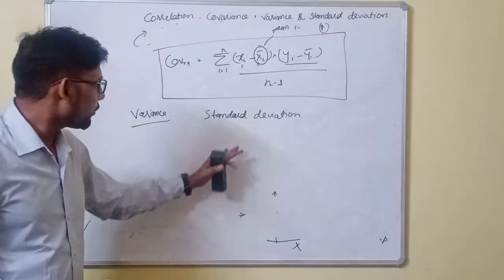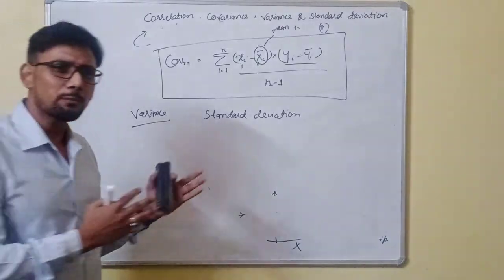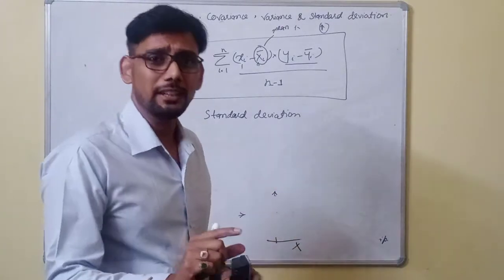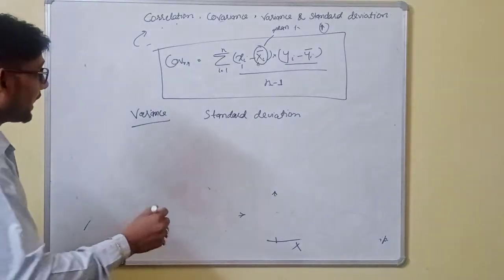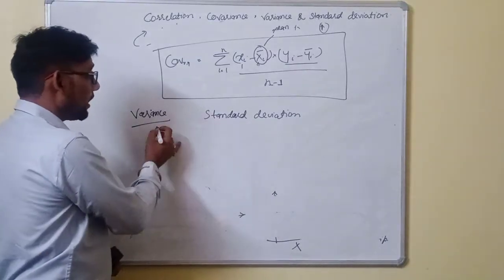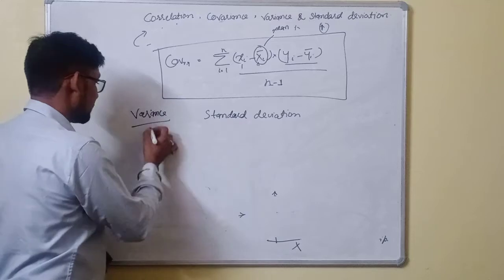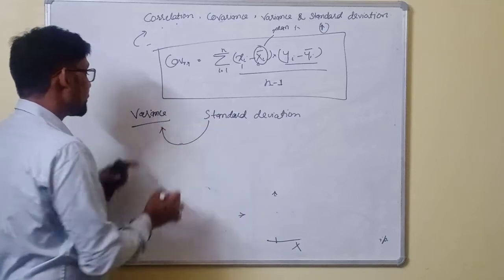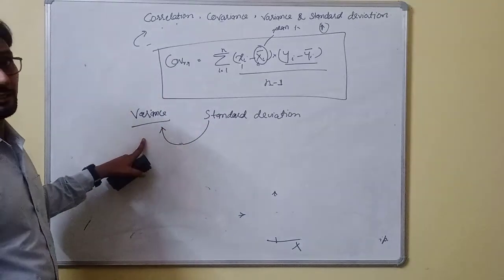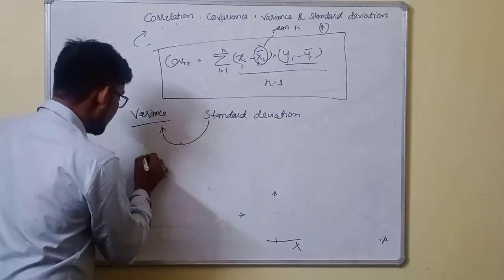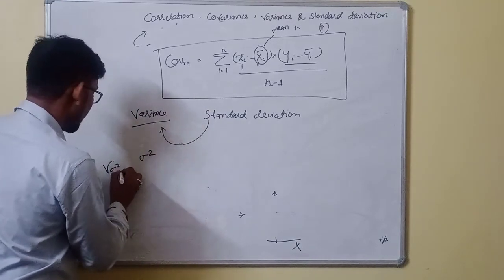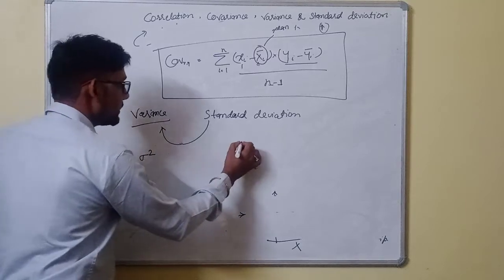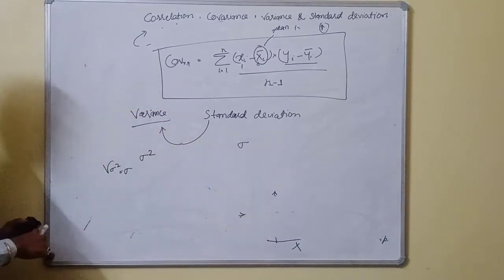So we want to see how the points are distributed from the mean. We use the standard deviation, right? And standard deviation is the square root of variance, right? So variance is sigma square, and the square root of sigma square is called sigma, the standard deviation.